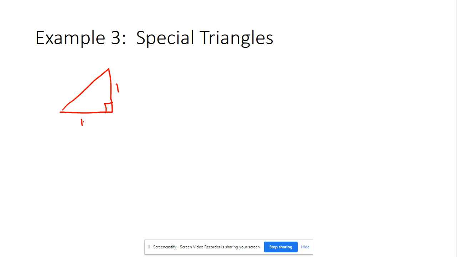If I have a triangle like this, where one side is 1 and this side is 1 over here, well then this guy is going to be 1 squared plus 1 squared equals 1 plus 1 is 2. That means this is going to be the square root of 2. The angles that we have here are going to be 45 degrees and 45 degrees. Now, for this to work, if this side and this side are the same, I think you can see that this is going to be a 45-degree triangle right here.